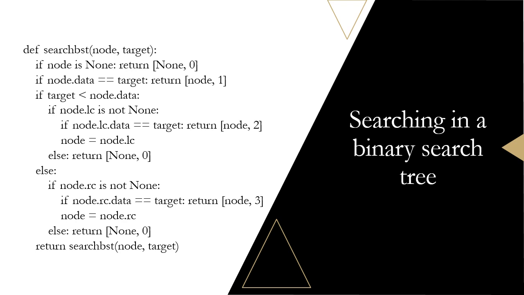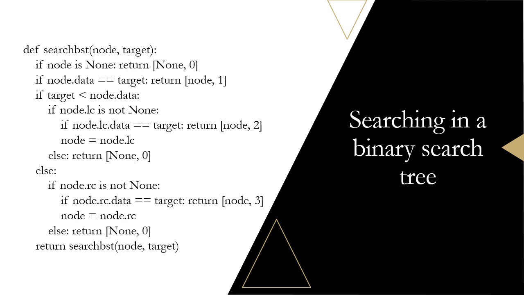If node.rc.data is equal to target, return node, 3. 3 signifies that target is present in the right child of the node that we are returning. But if target does not match data in the right child, then we update node to the right child of this node. If the right child is altogether not present, then we return none, 0, which means that the search is unsuccessful.